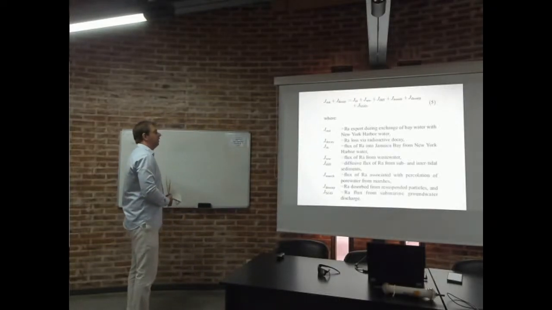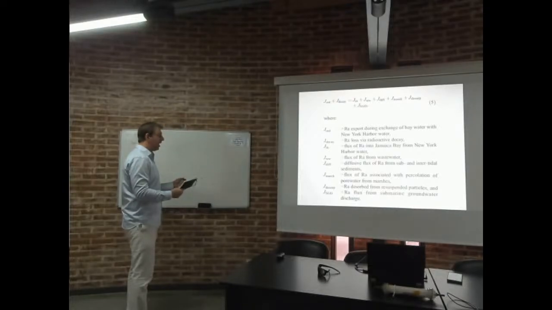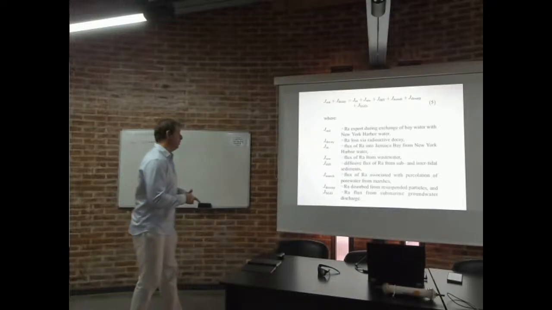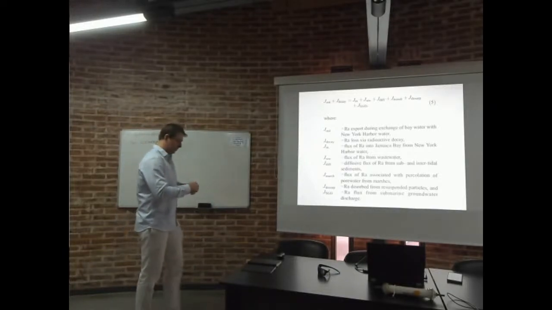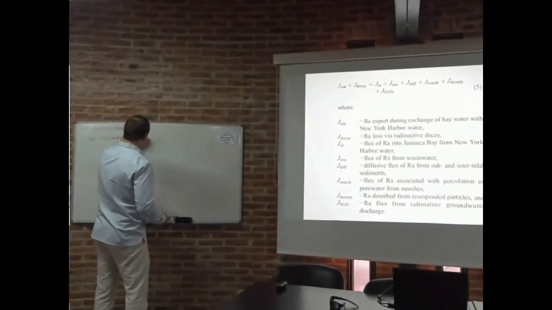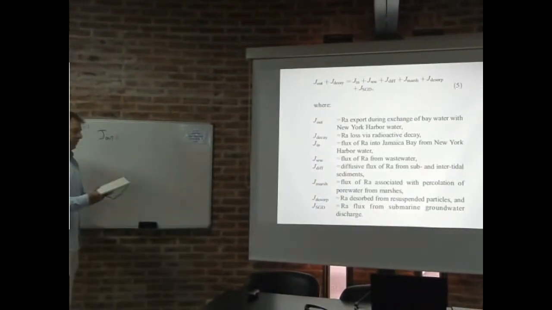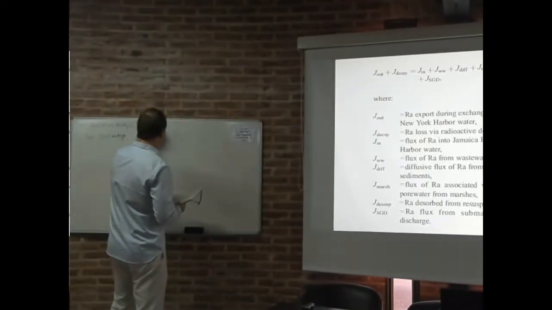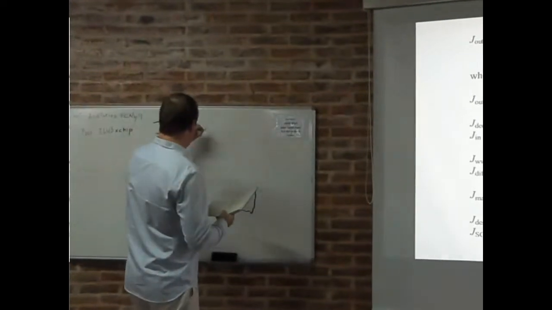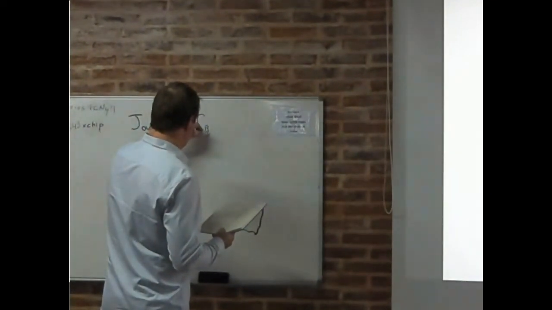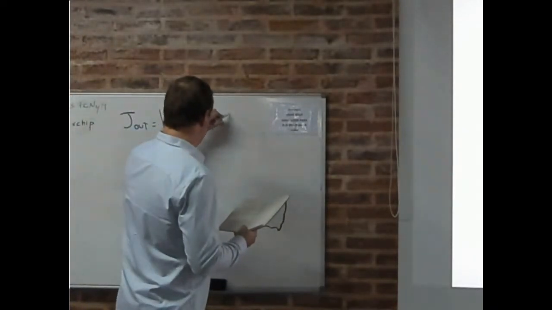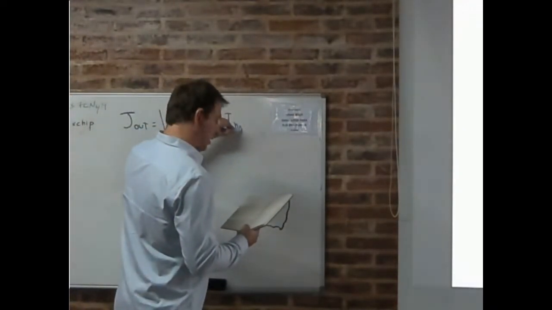Okay. So let's start with J out. So J out is simply V out, and I'll get into what V out is, times C bay, times the tidal cycle.